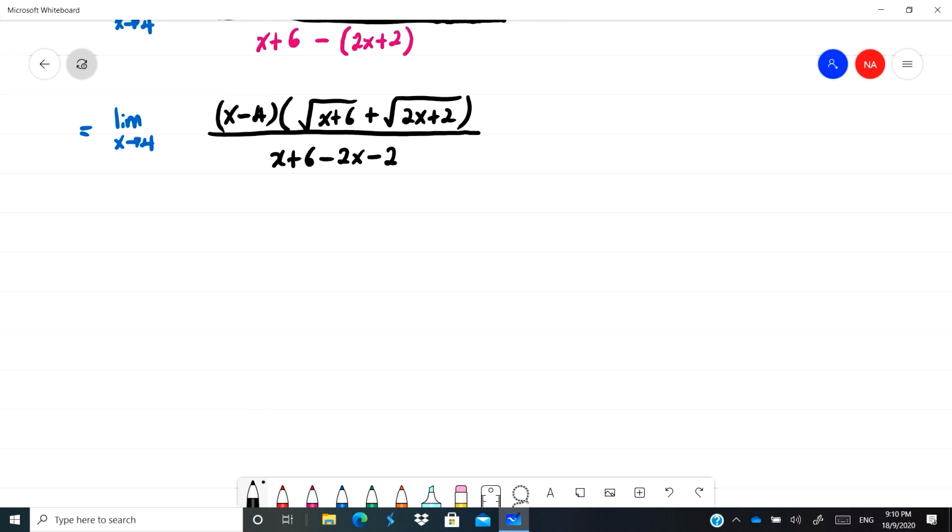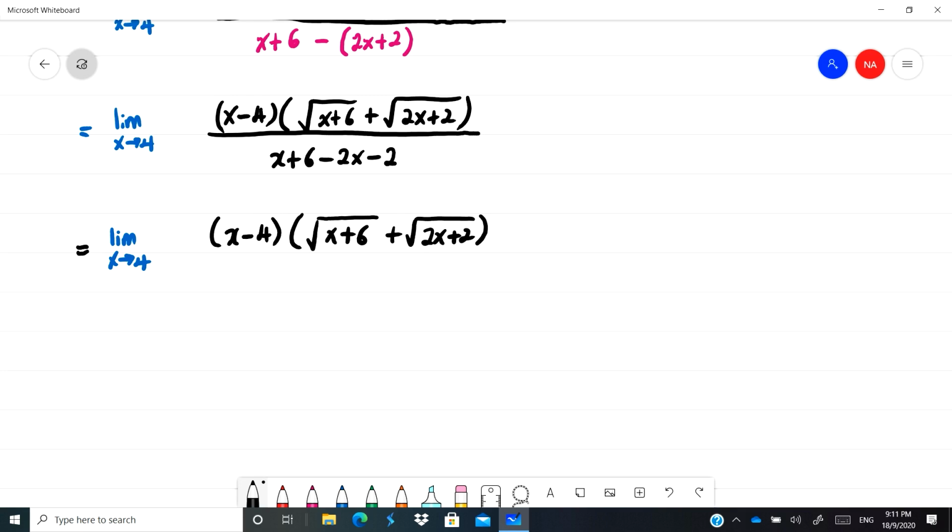Still you have to copy the limit as x approaching 4, and the whole thing is copied. Don't be lazy, you just have to be a hardworking student, copying the same thing again and again.